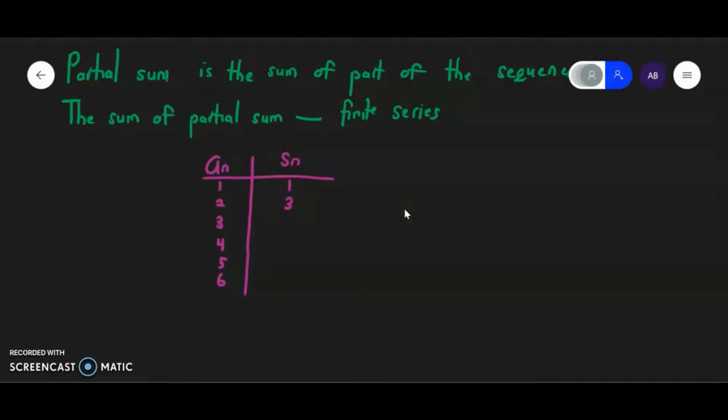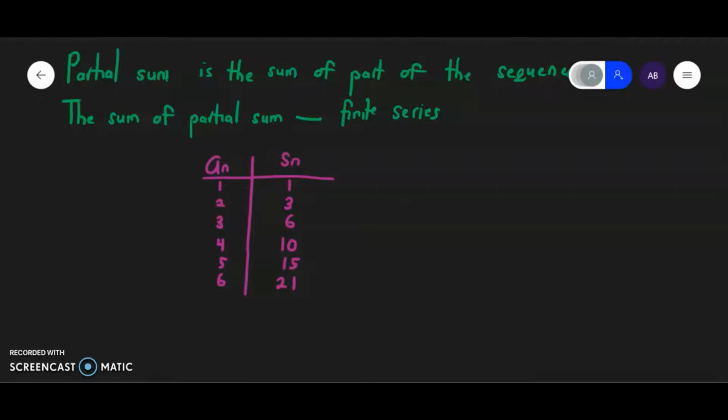What do you get? 1 plus 2 plus 3 is 6, and 6 plus 4 is 10. 10 plus 5 is 15. 15 plus 6 is 21. So this is what it means by partial sum.